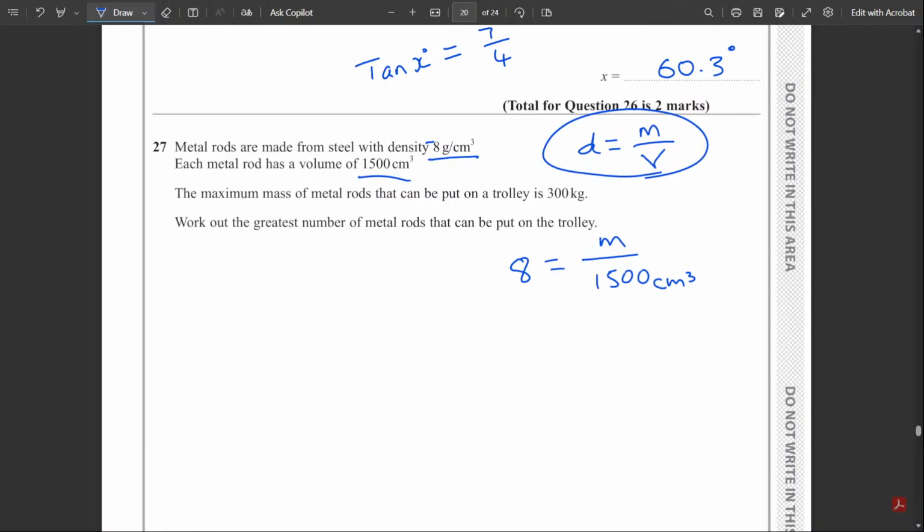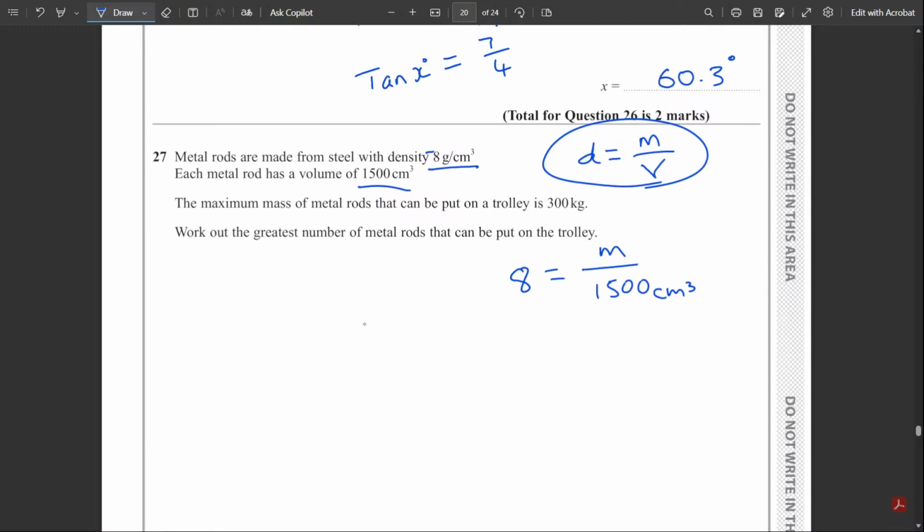So to work out M, we need to multiply both sides by 1500. So all you're doing is 1500 multiplied by 8. So you can work out that the mass of this would be 8 times 1500. That is 12,000 gram, because this is gram per centimeter cube.